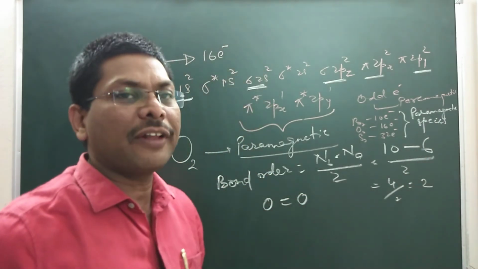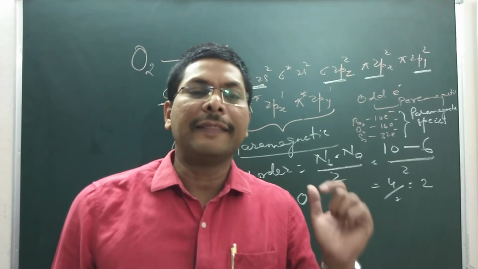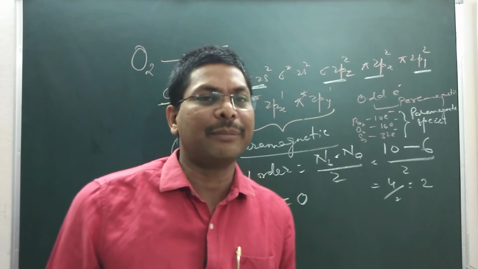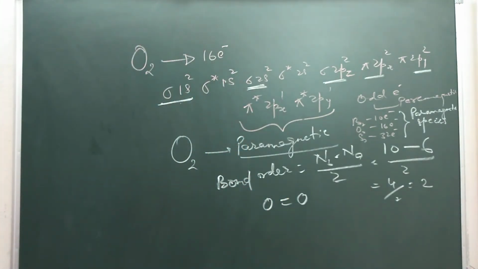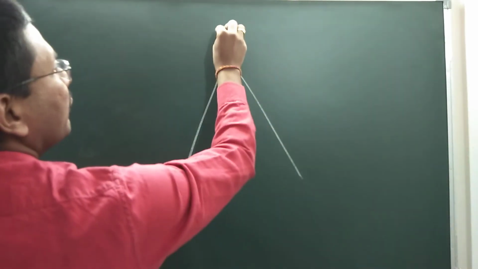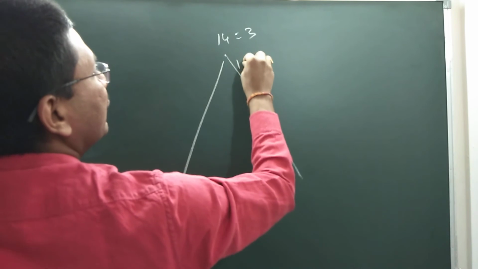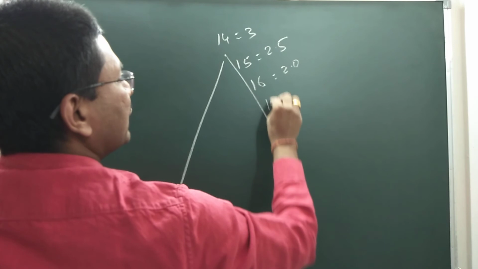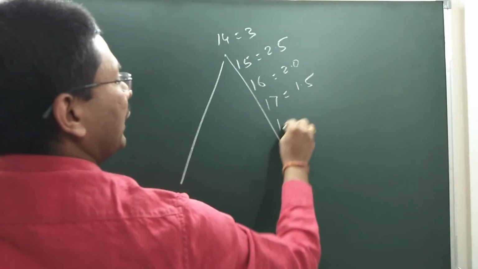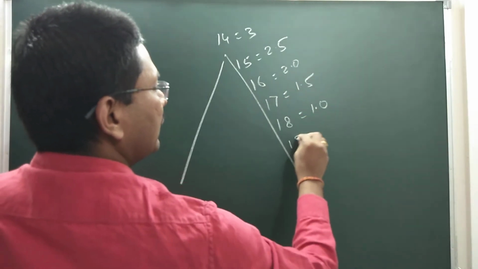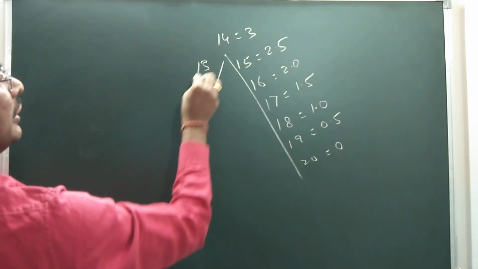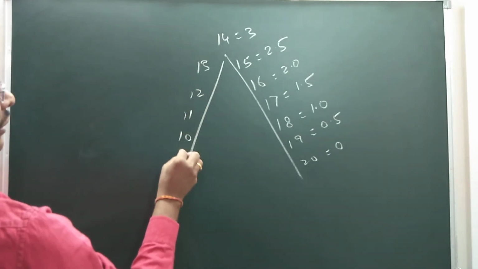Now I am going to give you the trick of how to calculate bond order, and that is a definite question for your IIT, and not only IIT, but all other entrance exams like NEET, MHT CET, BITSAT, etc. Now see the trick, the mountain formula: 14 is 3, 15 is 2.5, 16 is 2, 17 is 1.5, 18 is 1, 19 is 0.5, 20 is 0. Then 13, 12, 11, 10, 9, 8.